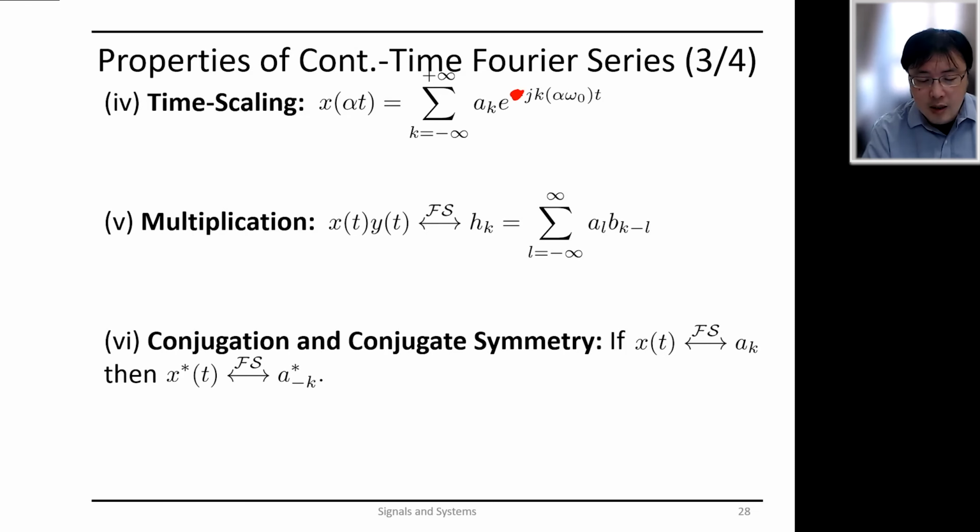If you look at the Fourier series representation of x of t, but now just substitute alpha t into t, then you will get an expression like this. If you observe this expression, you will see that the Fourier series coefficients for this time-scaled version of x of t is the same as that of x of t.